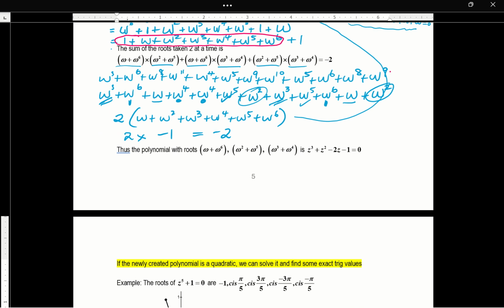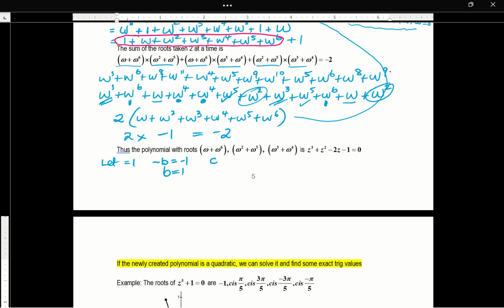So I'm basically saying let A equal 1, because you could have any value of A you like, and we might as well let it equal 1 because it just says find a polynomial. And we know that minus b on A, which would be minus b on 1, is equal to the sum of the roots taken 1 at a time, which is minus 1, so b equals 1.